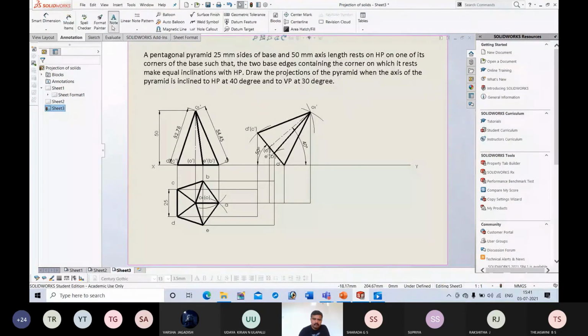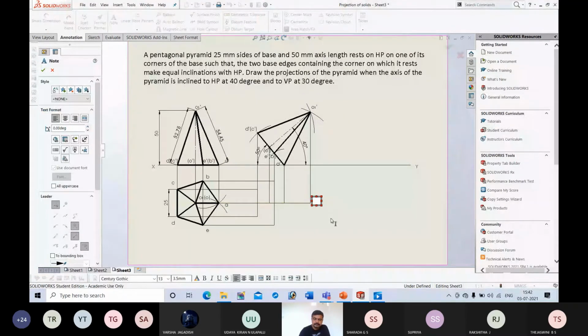So this is O1, A, B, C, D, and E. Next, you should not go for connecting them simply. Here you should consider the rule of visibility.